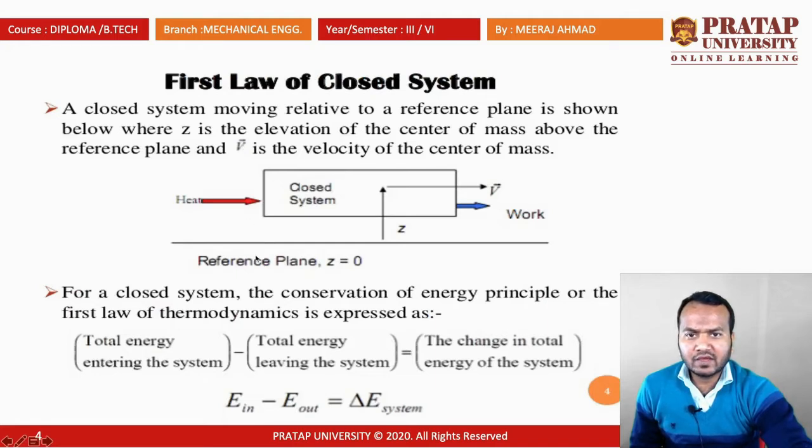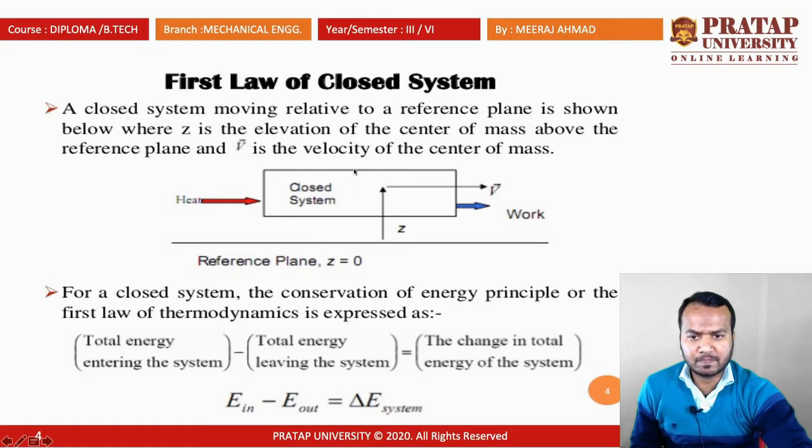First law of flow system. A closed system moving relative to the reference plane is shown below, where z is the elevation of the center of mass above the reference plane and v is the velocity of the center of mass. So, this is a closed system, this is the z value from the reference plane, and v is the velocity of the system.